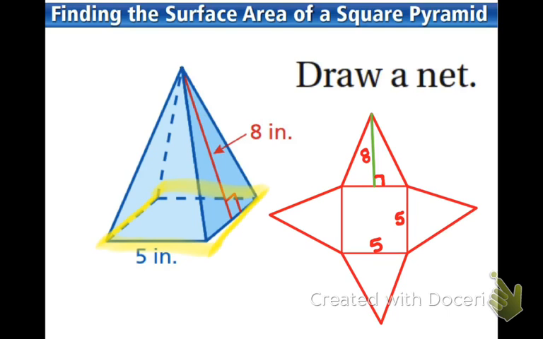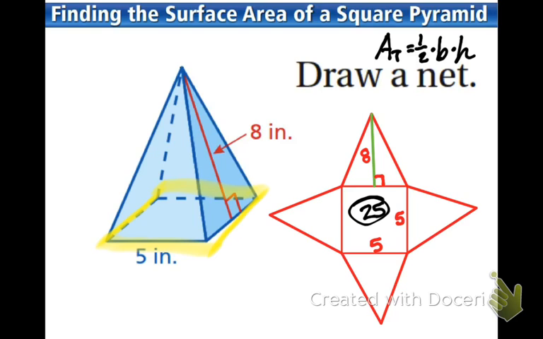So now I need to find the surface area of each shape in the net. So again, I like to start with my base, and I see that the base is a 5 by 5. So 5 times 5 is 25. Now when I do the area of a triangle, I have to remember that the area of a triangle equals 1/2 the base times the height.